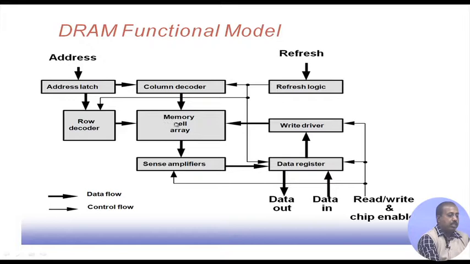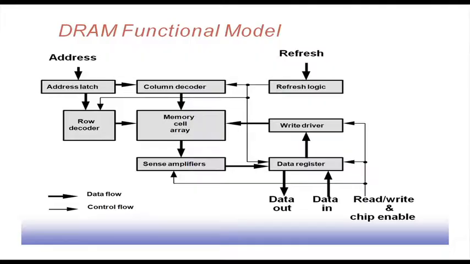In the DRAM cell, there is basically nothing but a single capacitor, and that single capacitor gets charged when we store a particular value there. When we try to read the content of that cell, there are two lines, one known as the bit line and another known as the bit bar line.